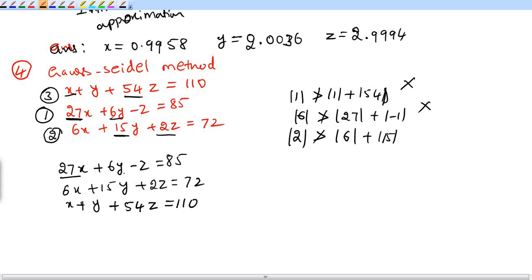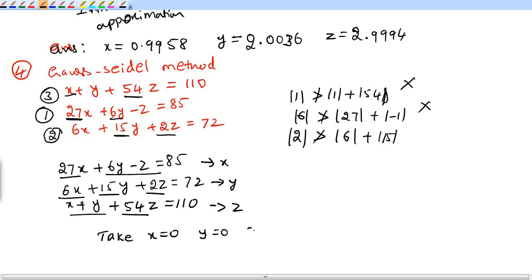Now 27 is greater than this, diagonally dominant. 15 is greater than 6 and 2, diagonally dominant. 54 is greater than this. The system is in diagonally dominant form. Now separate x from this, y from this, and z from this. Initial approximation is not mentioned in the question, so assume x equal to 0, y equal to 0, and z equal to 0.